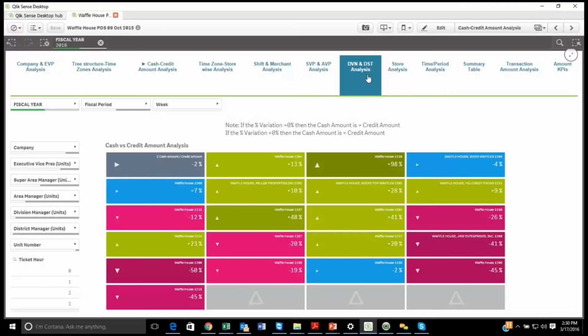Because let's say you have a location in New York and you have a location in Atlanta, the pricing on the menu is going to be different, though it's the same item. In New York, you're selling that item at $2, whereas in Atlanta, you're selling at $1.50. But you're selling exactly the same item. So you can't just say that New York is doing better, because New York's costs are also going to be different.